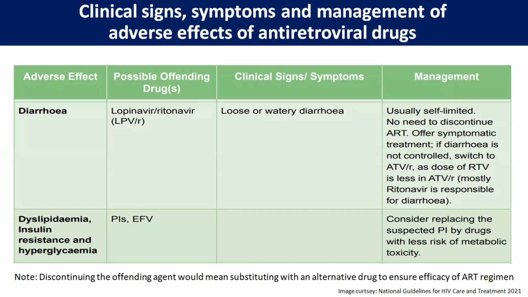And if the diarrhea is not controlled beyond 4 weeks, then think of another drug, switch to ATV/r, which comparatively causes less diarrhea compared to lopinavir-ritonavir. In case of dyslipidemia, insulin resistance and hyperglycemia, if developed due to the use of PI and efavirenz, then you can consider replacement of the suspected PI by drugs with lesser risk of metabolic toxicity.